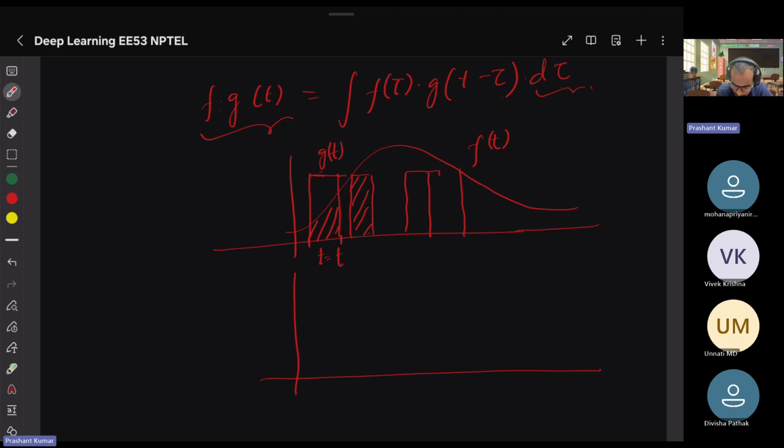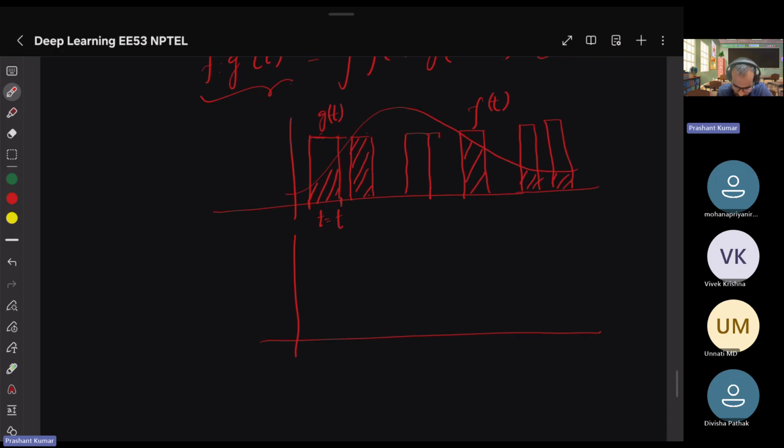If this function comes here, the area will overall reduce. And if it comes here, the area will reduce, and let's say the area will remain the same here as well. So overall, the function looks something like this, and this is f convolved with g of t.